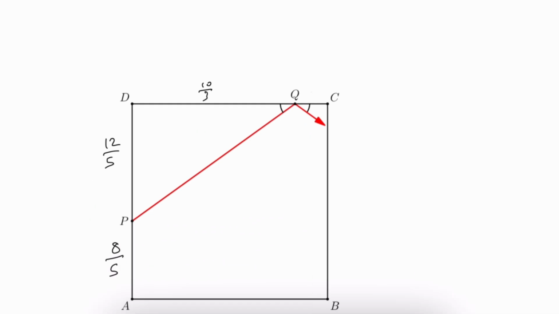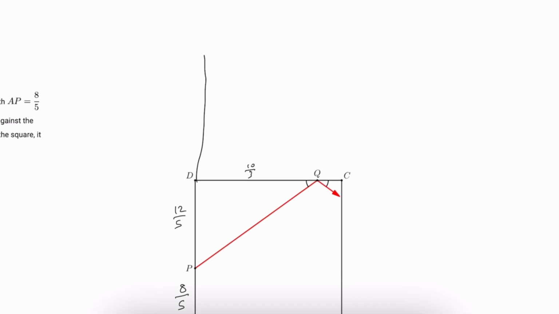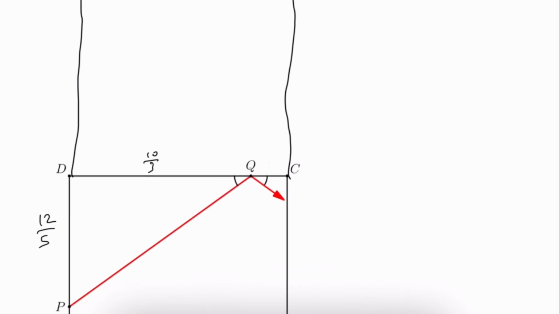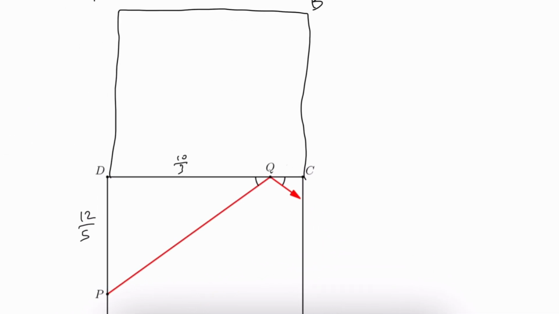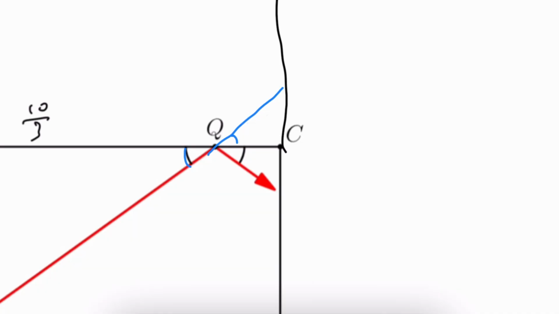So what I mean now is, instead of looking at the line as bouncing off this way, if we flip the board around across the line DC, so this is our new A, this is our new B, then if we extend PQ out, we have that these two angles are the same because they're vertical angles, but we have the property that reflections have to have the same angle.